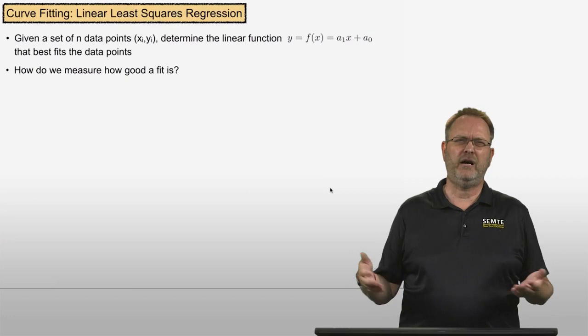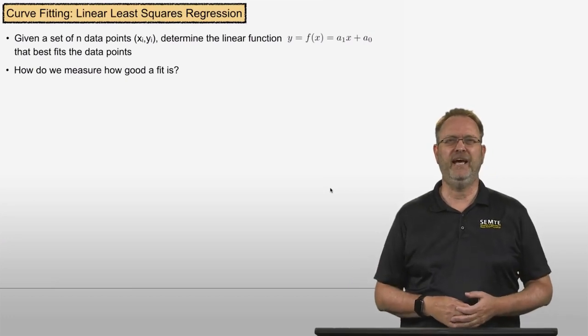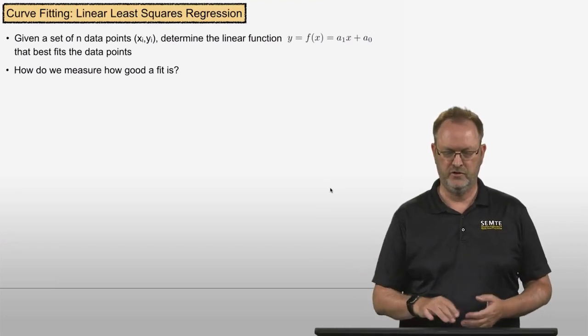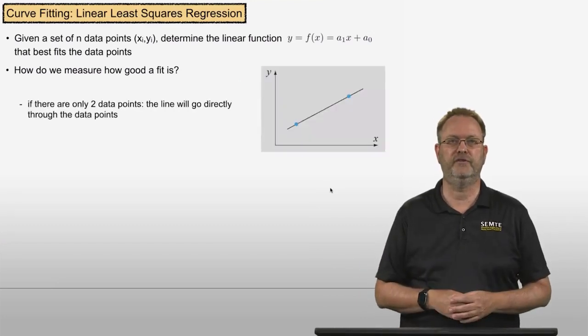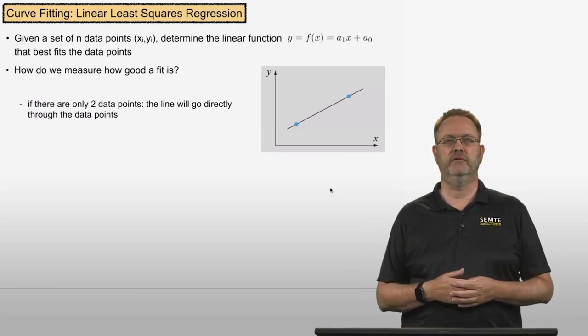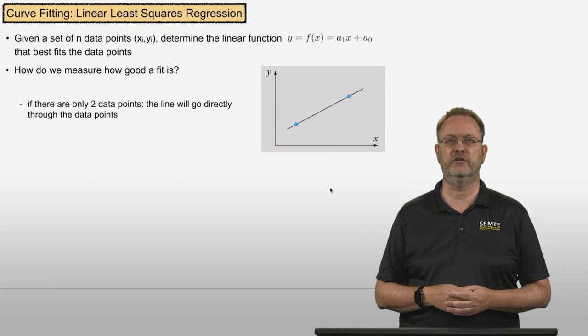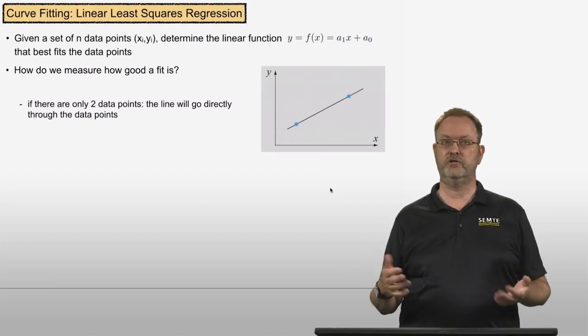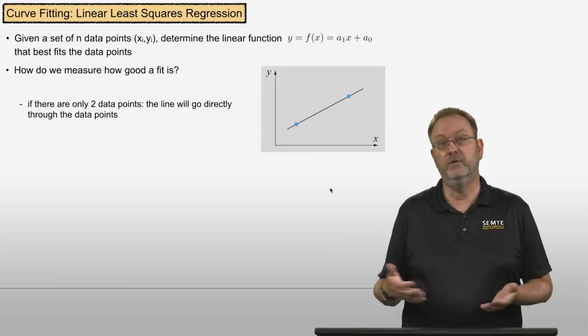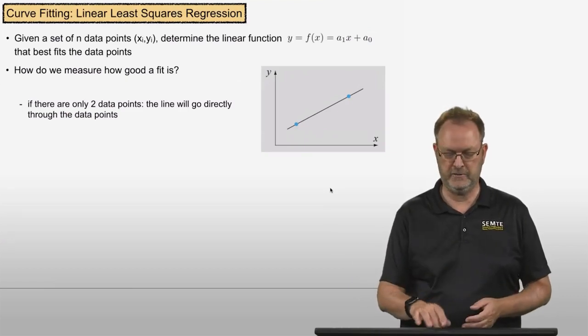So when we talk about how that best fits data points, we have to define some measure of what we mean by a good fit. So how do we measure how good a fit is? Well, if there are only two data points, the problem is pretty straightforward because a line will go directly through just two data points. So there will be no error in that case.